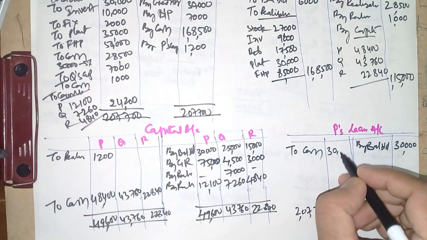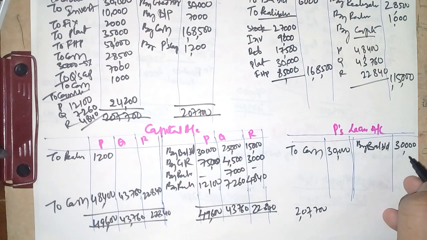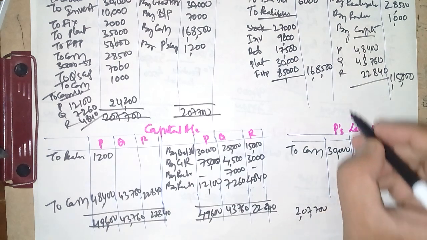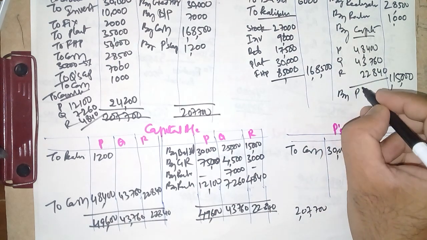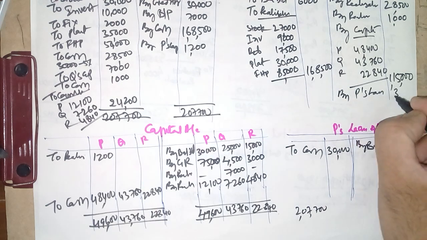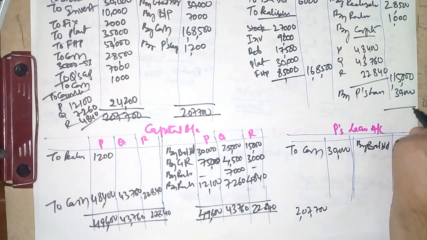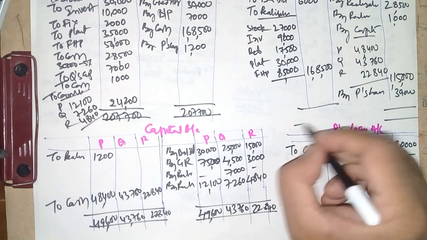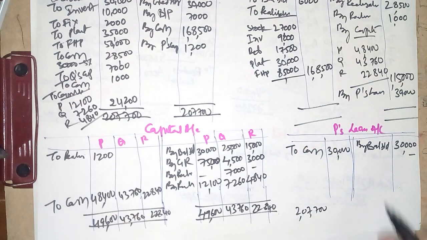So 30,000 total liability, the P loan is paid off, and in the cash account by P loan 30,000 we paid off. Now our cash account should tally, otherwise we are wrong.